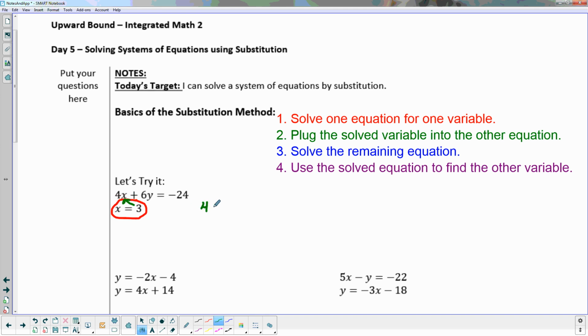So I'm going to take 4 times 3 and write down the rest of the equation. 4 times 3 is 12. Let me try to keep it a little bit color-coded for us.